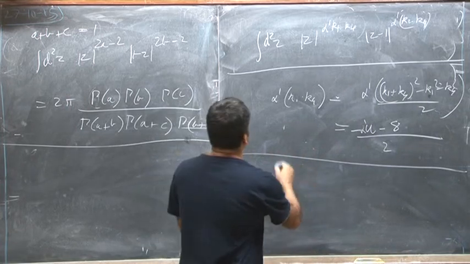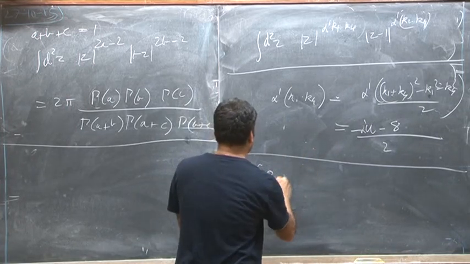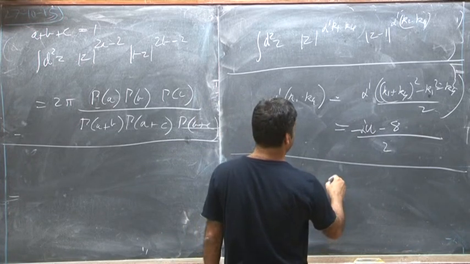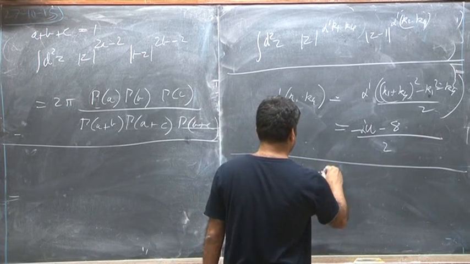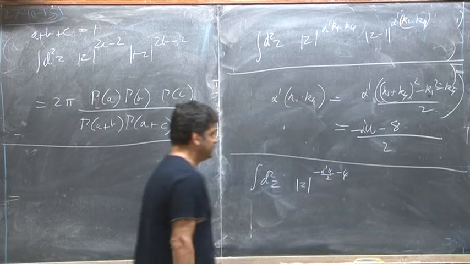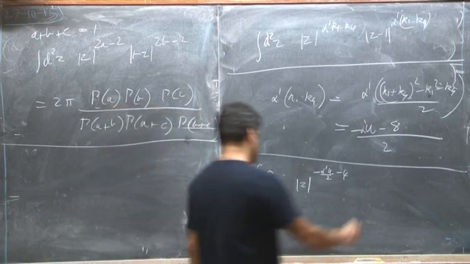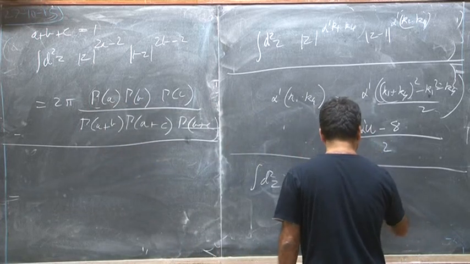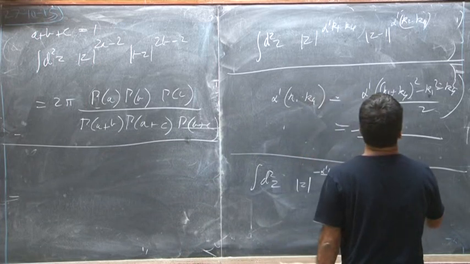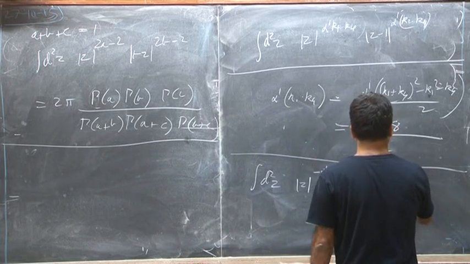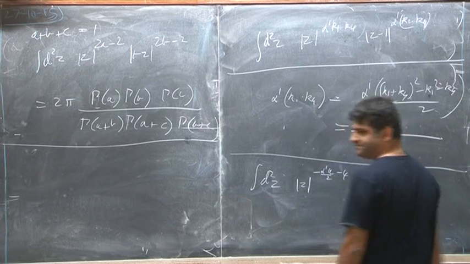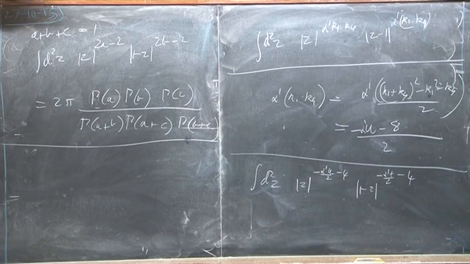So this is d2z mod z to the power minus alpha prime u by 2 minus 4, 1 minus mod z to the power minus alpha prime t by 2 minus 4. Okay?